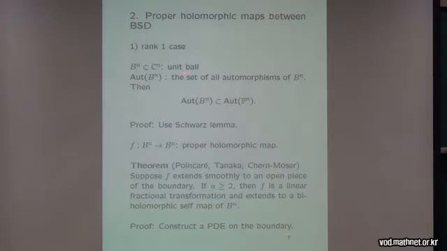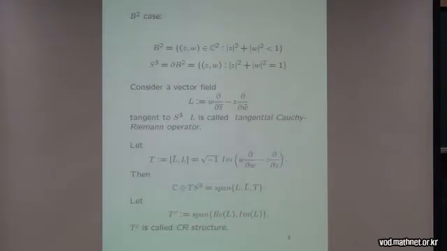So here, in this case, we used the metric inside, but here a proper holomorphic map is not an isometry, so we construct a PDE on the boundary. So we briefly show how to use the boundary structure. In the B2 case, for simplicity, the sphere is the boundary.